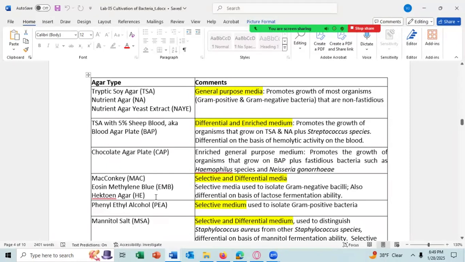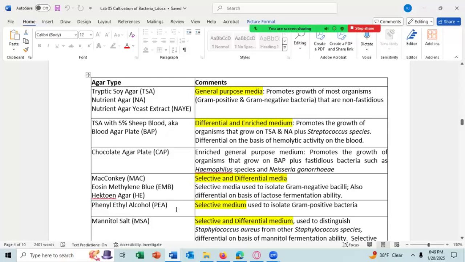And it's differential on the fermentation of the sugar lactose. If the bacteria can ferment the sugar lactose, then the bacteria in the region around the plate will be a salmon color, that is a yellow-orange color. And if it cannot ferment the sugar lactose, the bacteria will be its normal color, which is usually off-white or white, but it could be some other color as well.